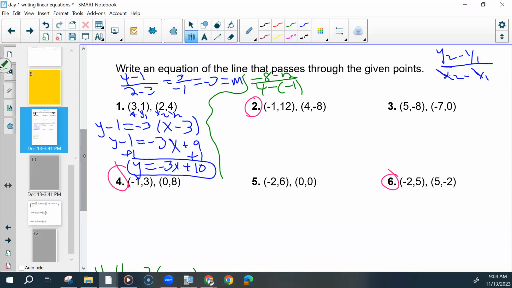Negative 8 minus 12 would give us what? -20. 4 minus a negative 1 would give us 5, because this would become plus, we're adding. And if we divide this, our slope would be -4.